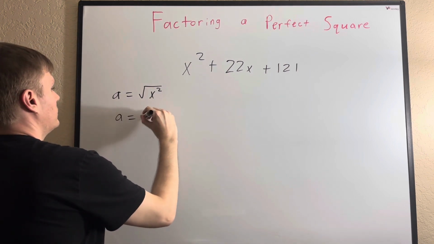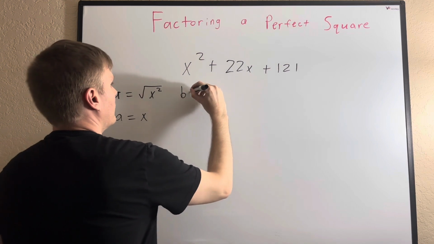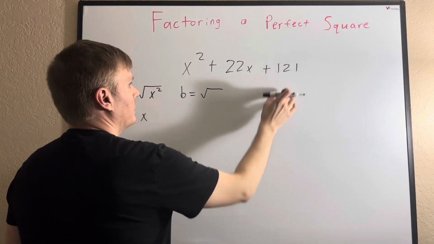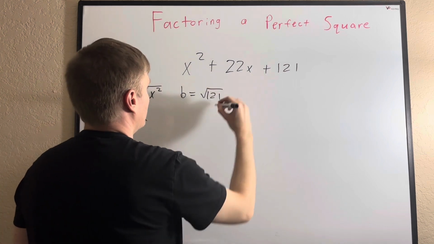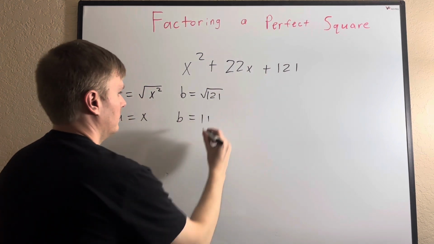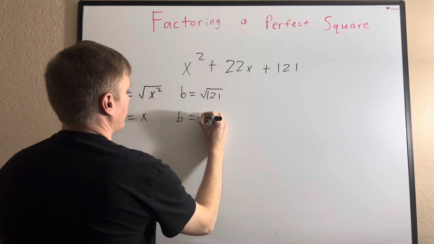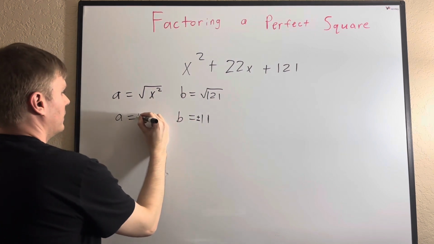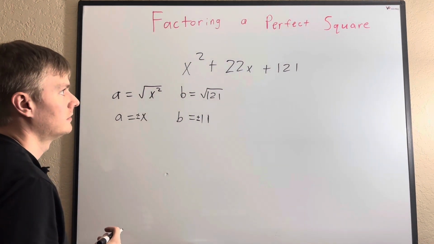So A is just x. B is the square root of the last term. Do we have a perfect square here? Yes. B equals 11. Positive or negative 11, positive or negative x. You can always put that.